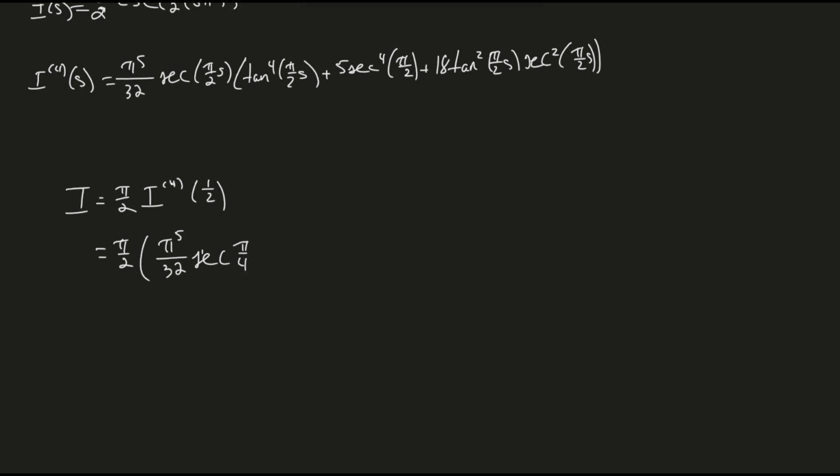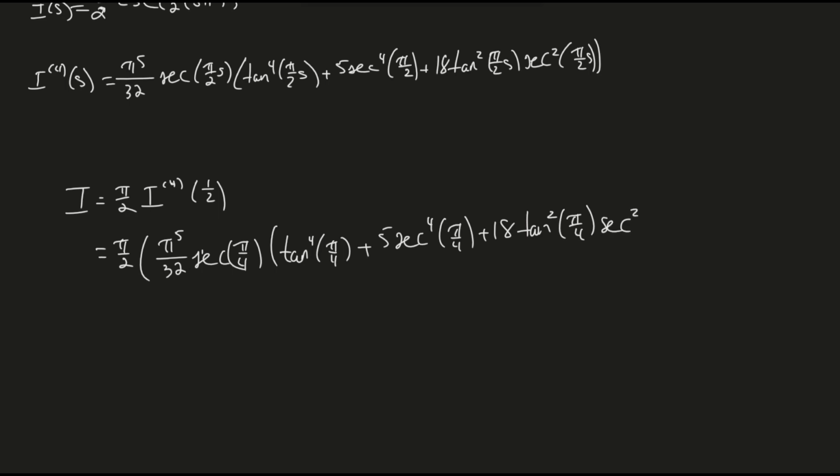I'm going to put some parentheses, otherwise it'll get confusing. Tangent to the 4th of pi/4 plus 5 times the secant to the 4th power of pi/4 plus 18 times the tangent squared of pi/4 times the secant squared of pi/4. And I need one more parenthesis.